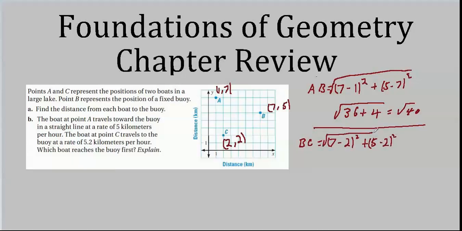We'll need the square root of all that. 7 minus 2 is 5, and we square it, we get 25. 5 minus 2 is 3, and we square it, we get 9. That'll be the square root of 34.